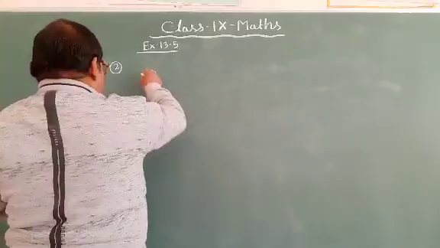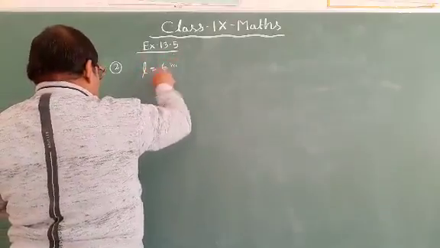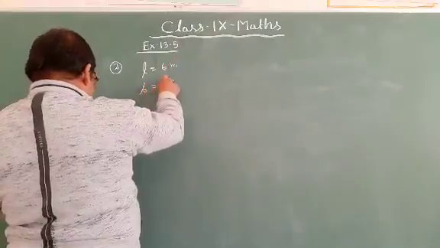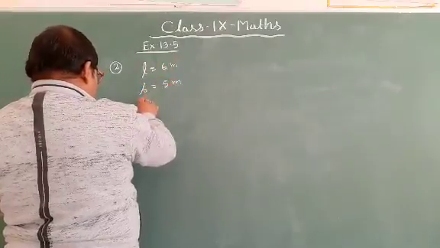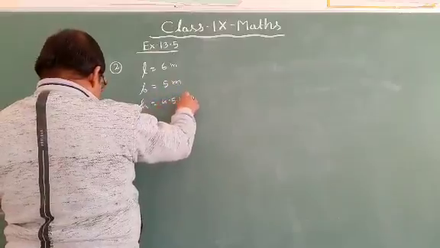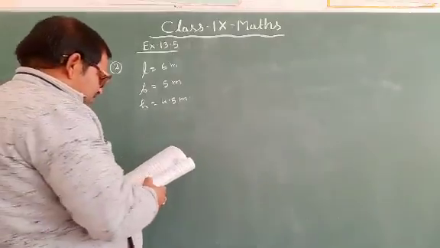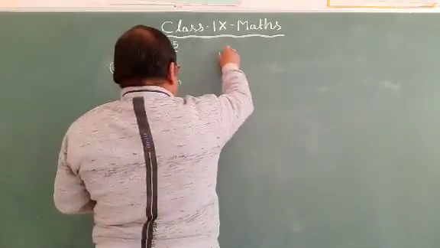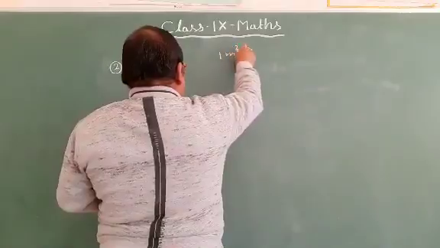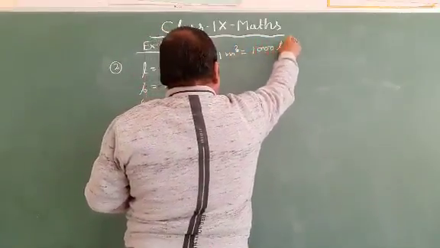A cuboidal water tank, length 6 meter, breadth 5 meter and height 4.5 meter. How many liters of water can it hold? 1 meter cube is equal to 1000 liter.